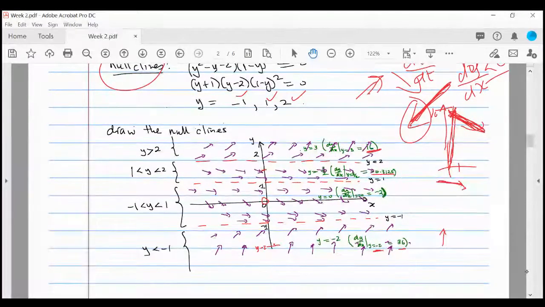But by the time I am at y is equal to 1, I am now having a horizontal orientation, which means the orientation is changing from steep to slightly flat slowly until it becomes flat at the outline.